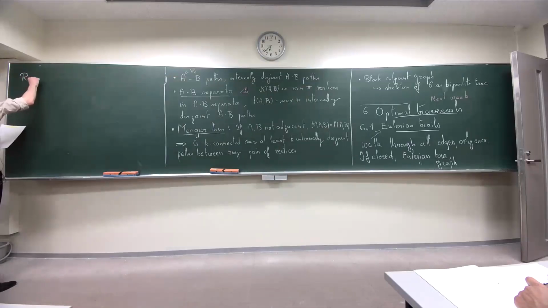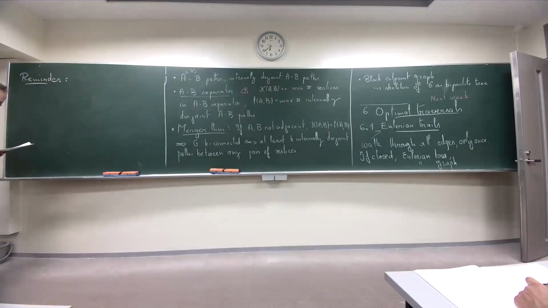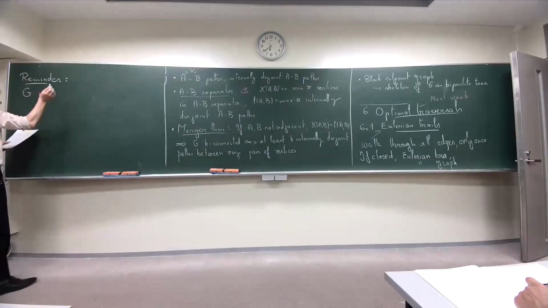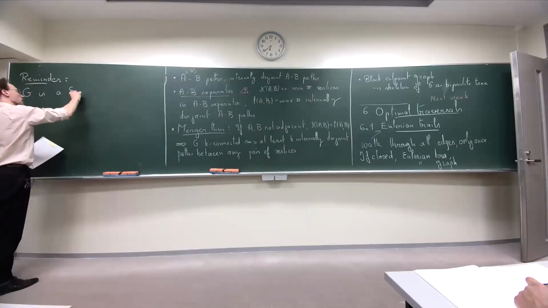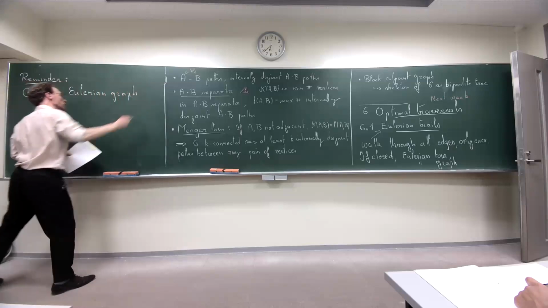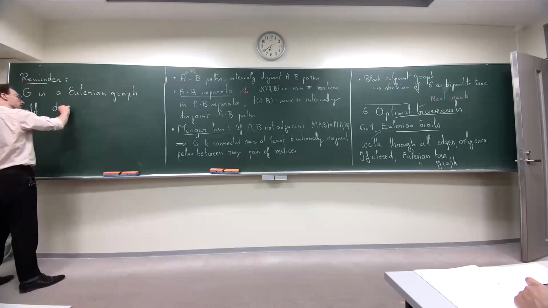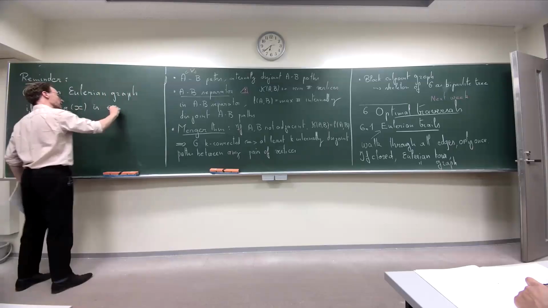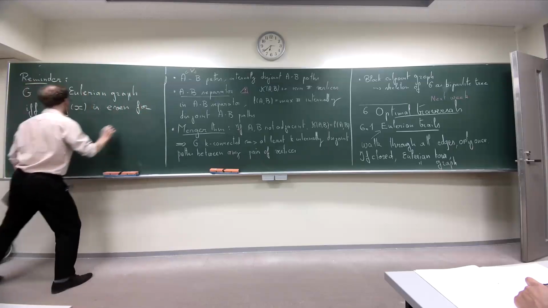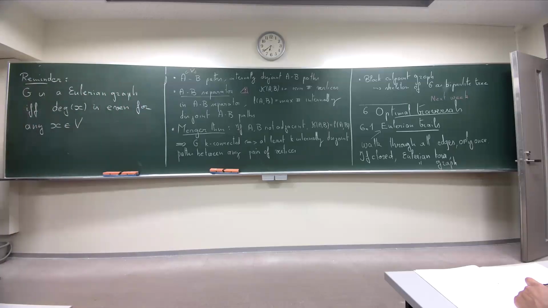And let me remind you also one thing: there is a result which says G is a Eulerian graph, so it admits a Eulerian tour, if and only if, I just write IFF, the degree of x is even for any vertex x.